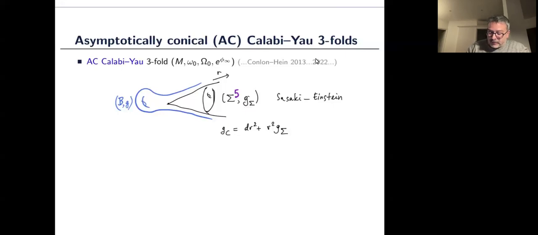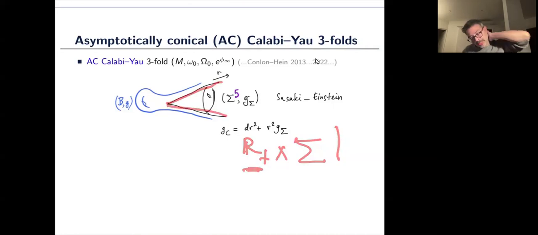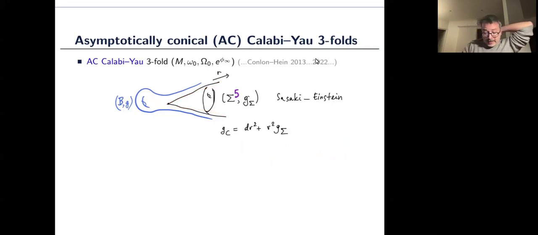Then the Riemannian cone over sigma is just R plus times sigma, with the metric dr squared plus r squared g sigma, where r is a coordinate on the R plus factor. This is a cartoon picture of what this metric looks like. And if we want this cone to be Calabi-Yau, then the five-manifold sigma must be Sasaki-Einstein.